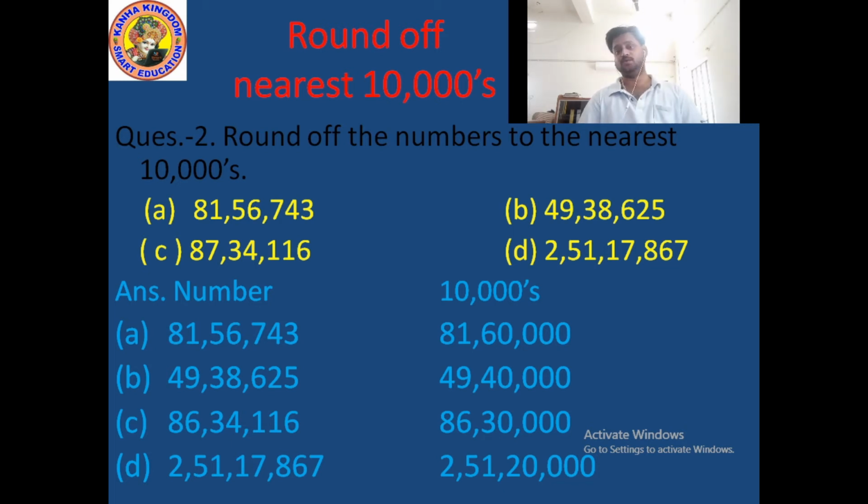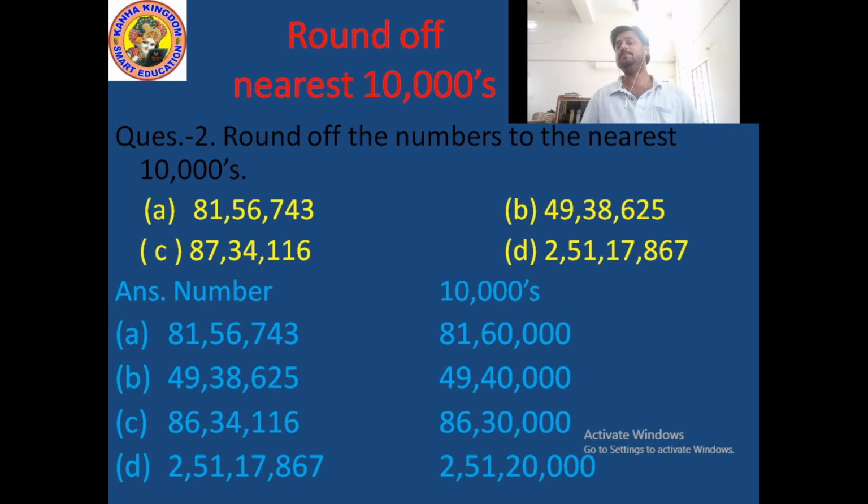So here also first you check 2 place values. Which 2 place values? Yes, 1000 place value and 10,000 place value. And the 1000 place value starts just after 1 comma. So just after 1 comma, which digit? 7. And just after 7, 1. So which digit is in the 1000 place? 7 is in the 1000 place.